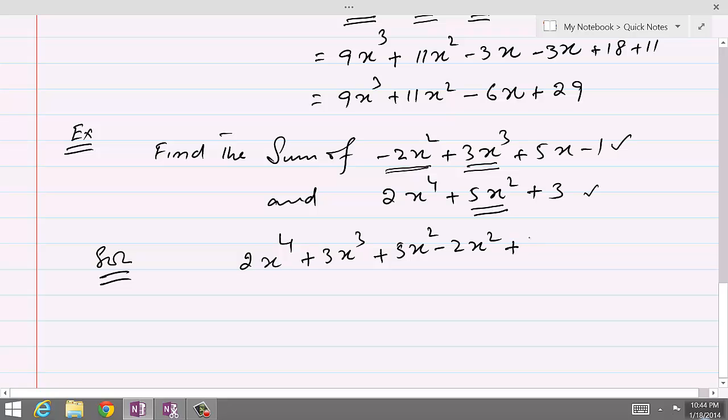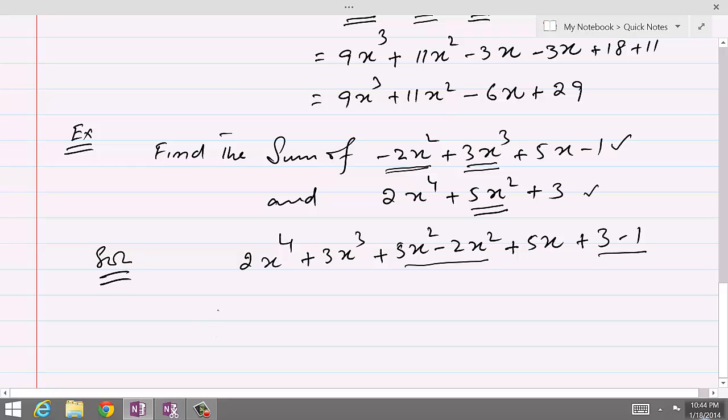So this is 5x, and there is no other term which involves x only. So 5x will be left alone, and then there is a constant term that is plus 3 here and minus 1 here. They can be written together in a group. So here we have two groups. One group is this and one is a constant.